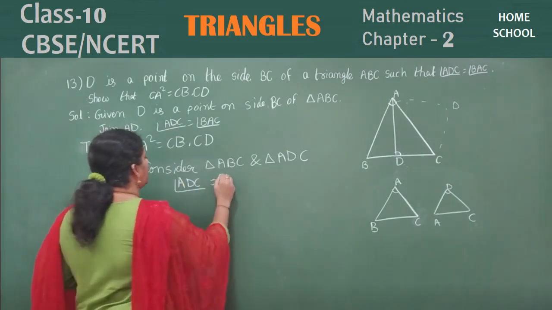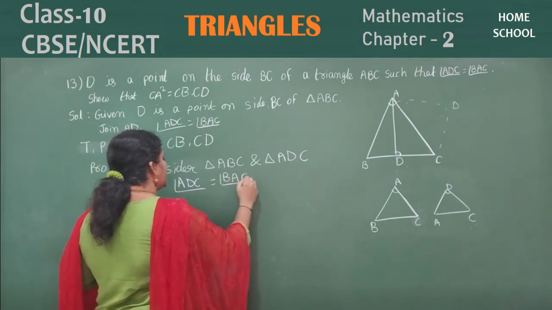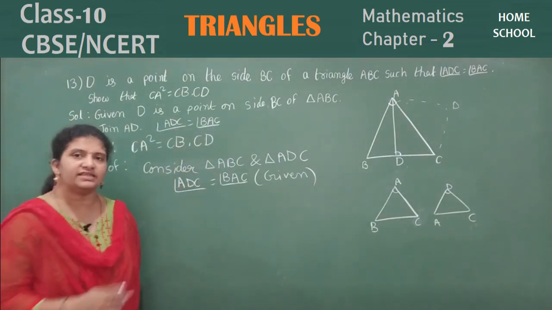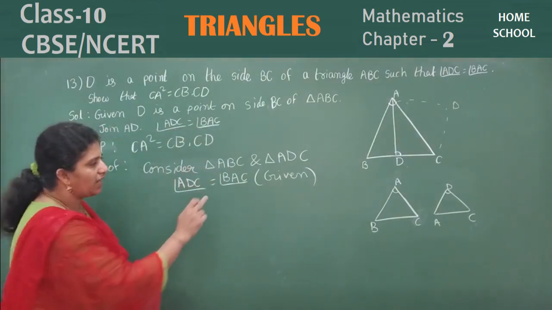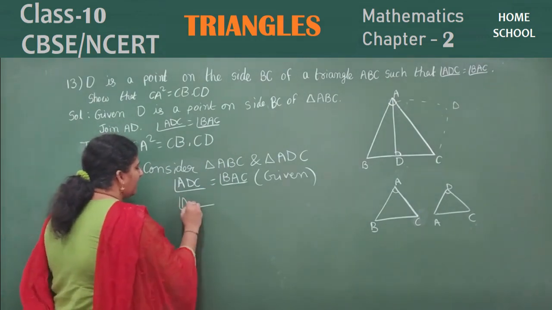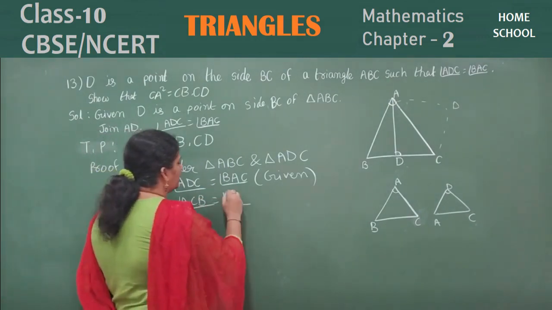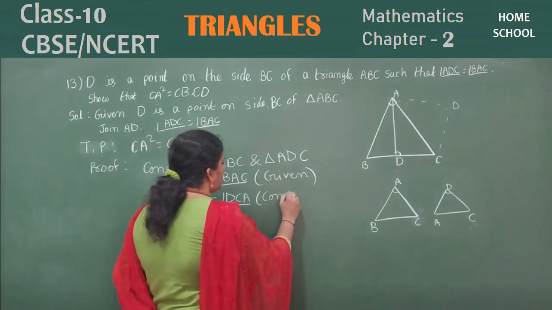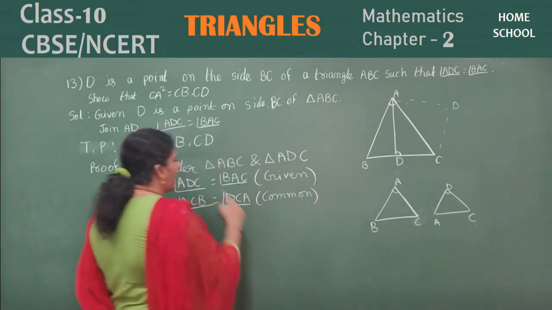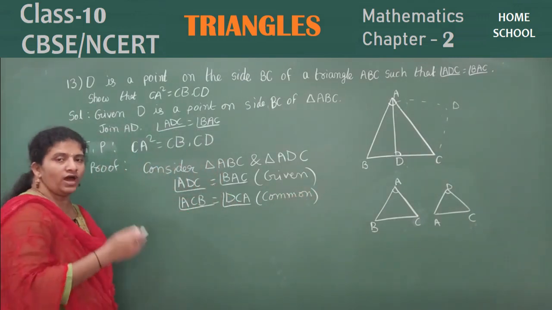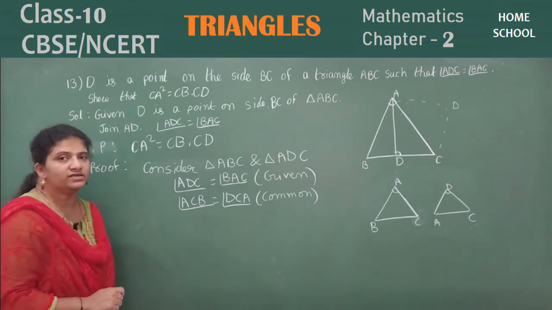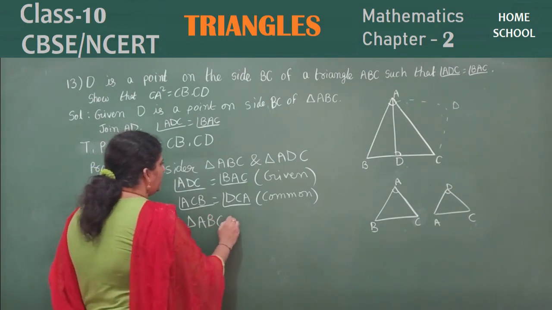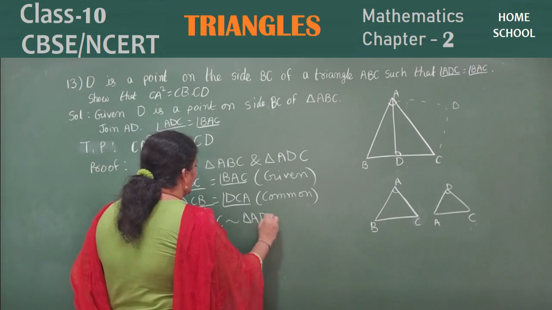Angle ADC is equal to angle BAC by given data. And one more: angle ACB is equal to angle DCA, common. So if the corresponding two angles are equal, the two triangles are similar. Therefore, triangle ABC is similar to triangle ADC.